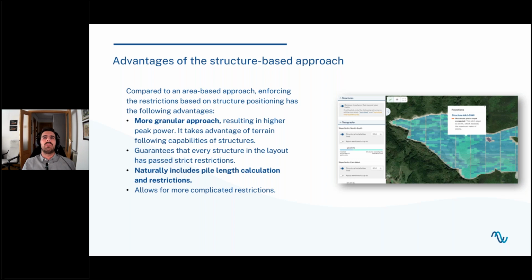Initially, you might not have it if you are using an area-based approach, but with this approach, we have it naturally included as part of the calculation. And finally, it allows us to implement some more complicated stuff like undulation tolerance restrictions. It allows us to also look at link trackers in a more detailed way and apply earthworks, which I will explain later.